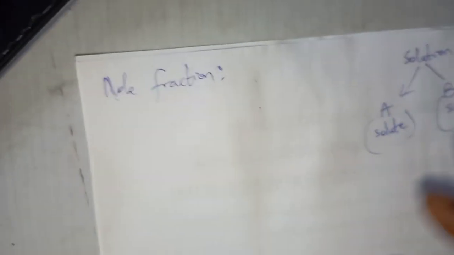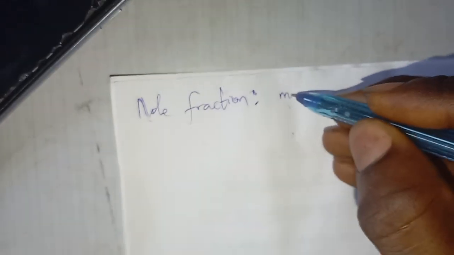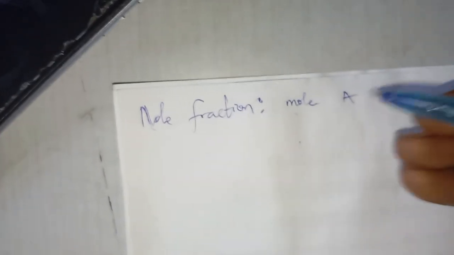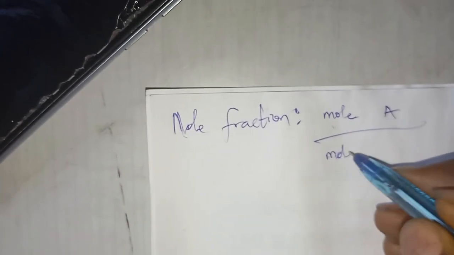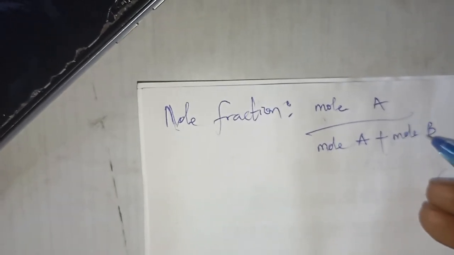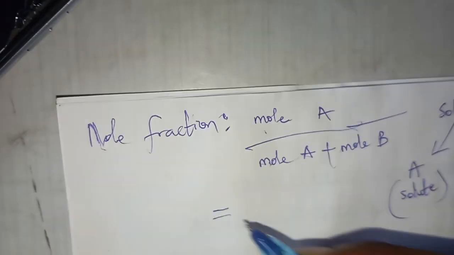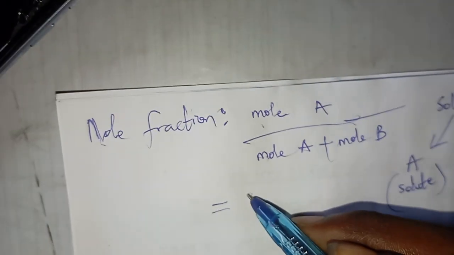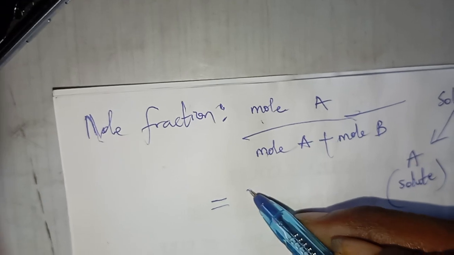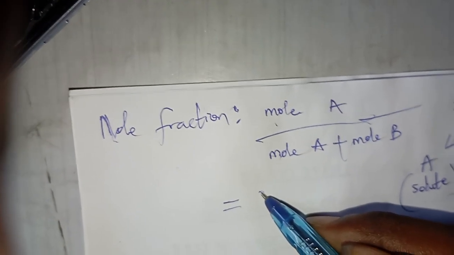So what mole fraction is all about is simply get the mole of A, divide it by the mole of A plus the mole of B. And you know that this is what we call total mole. So another way to say it is that mole fraction is simply mole of constituent divided by total mole of the compound or of the mixture.